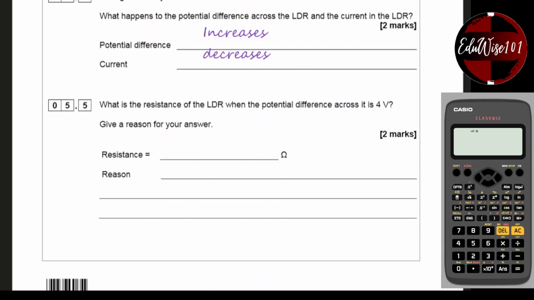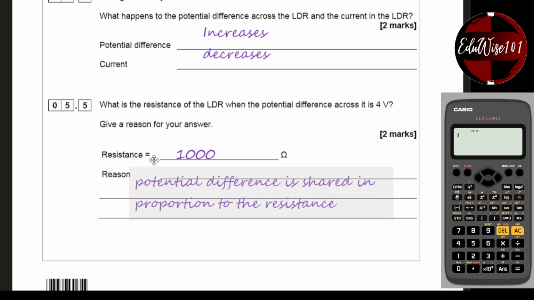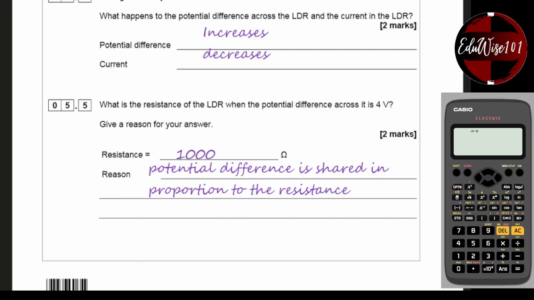So the answer is 1000. And the reason is the potential difference is shared in the same proportion to the resistance.